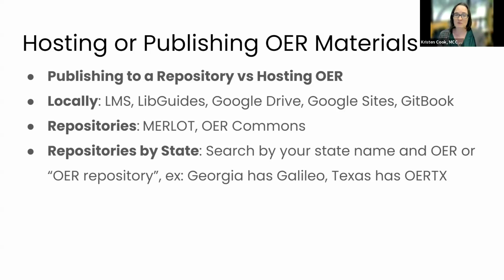And so you might have a repository at your state. So just search with your state name and OER or OER repository. Like Georgia has Galileo, Texas has OER Texas. If you know about the OER repository in your state, you can put it in the chat and we can share that. If you do already know that one exists, that would be great to hear about.